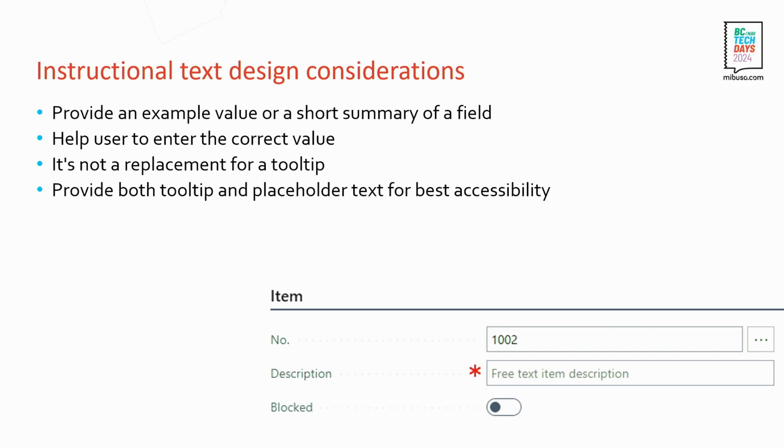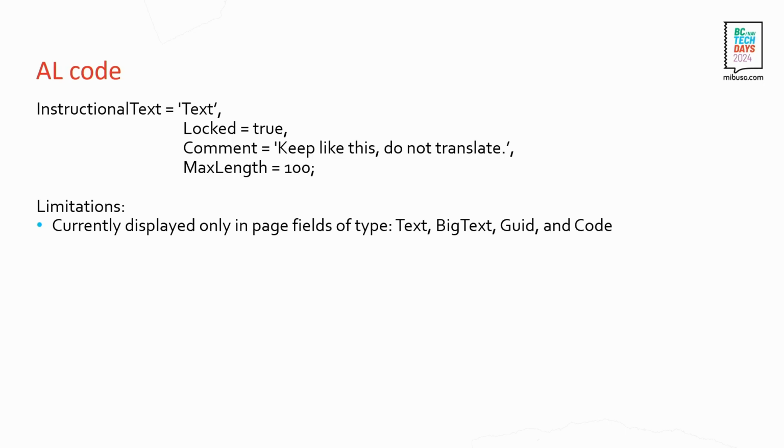I will not show again how you can do it in AL. It's one property that you can add on page fields. But there are more properties that you can set on the instructional text. First, you can set Locked equals true. That means you don't want any translations on this field. A practical scenario would be that the field purely describes just the shape of the data.